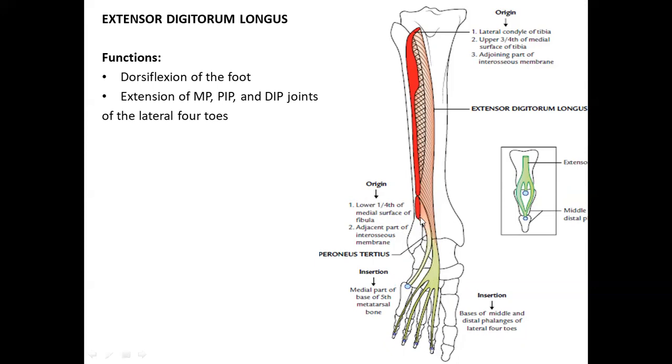This peroneus tertius muscle is a smaller muscle that arises from the lower 1/4 of the medial surface of the fibula and the part of the interosseous membrane. It is attached to the dorsal surface of the base of the fifth metatarsal bone. It is also a dorsiflexor of the foot, and it causes eversion of the foot.